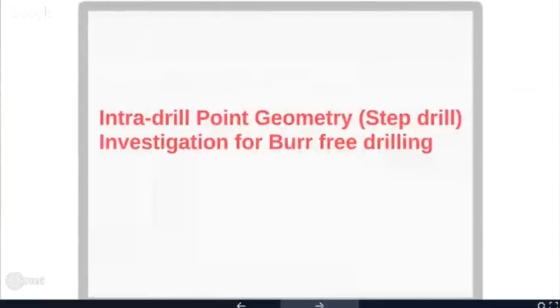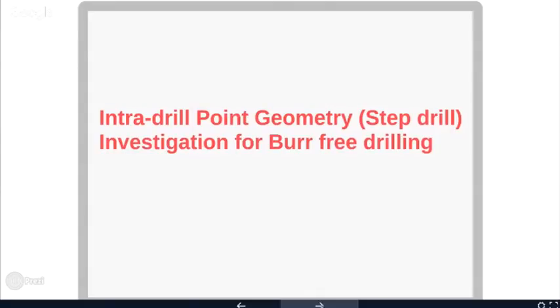So up till now, what we did, we performed the inter drill point geometry investigation, meaning we were comparing the various drill point geometries. Now, in the next phase, we are going for the intra drill point geometry, meaning we have a single drill point geometry and we vary the various cutting edges or dimensions of that drill point geometry.